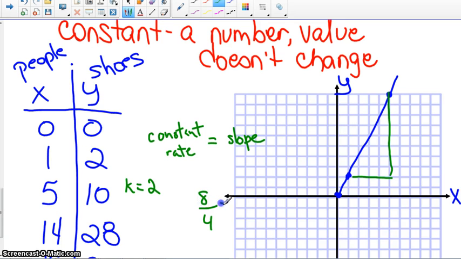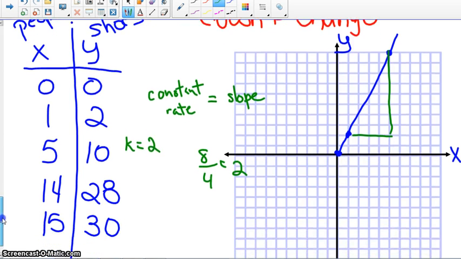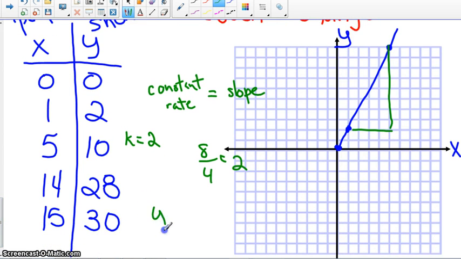So 8 over 4 would be our rate, which is 2. So our rate, or k, is 2. And so our equation would be that y varies directly with x with a constant of 2.